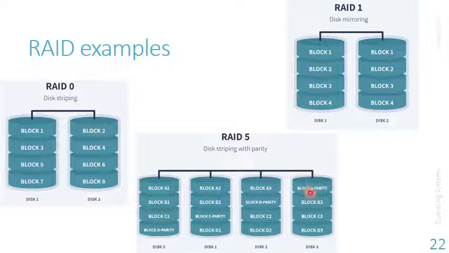And I'm having a disk that will have the necessary information in case one of the disks is failing. I could still recover the block that I need based on the information that is present on the other disks and the information present on the recovery disk here. Fair enough? So it's the combination of the 2 worlds.